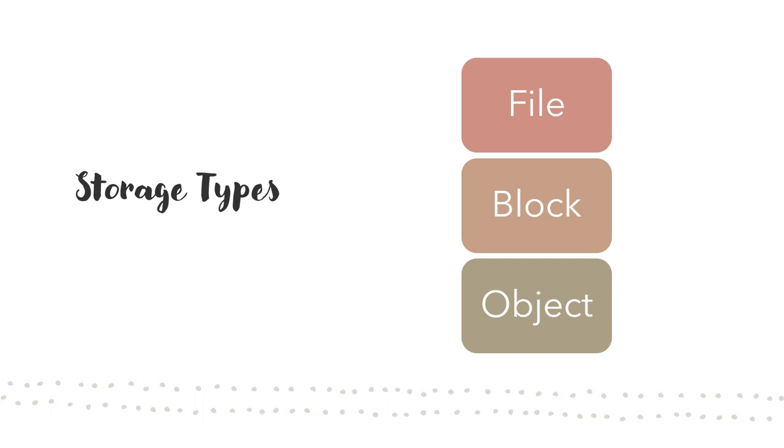So the lowest level of entity here is a file, stored within a hierarchical structure of folders and subfolders, and every file can be reached with a specific path that includes all the folders and subfolders. We can think of network attached storage as having the lowest level of storage as a file.